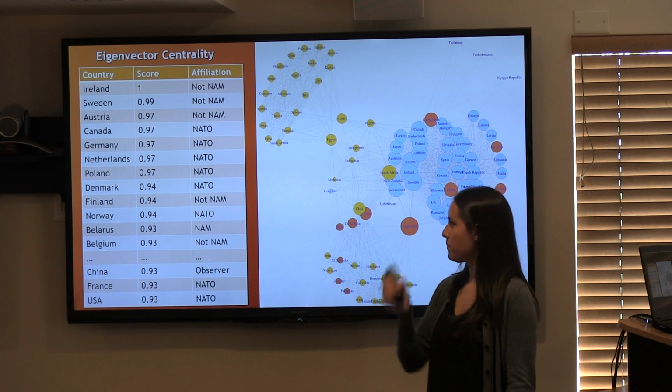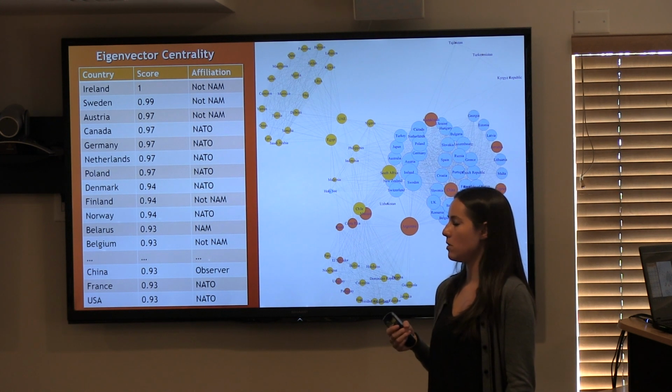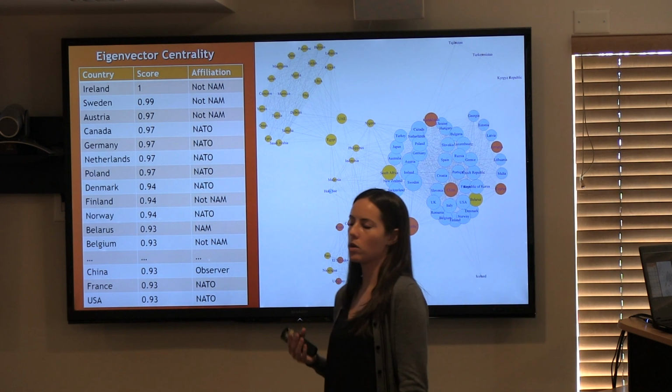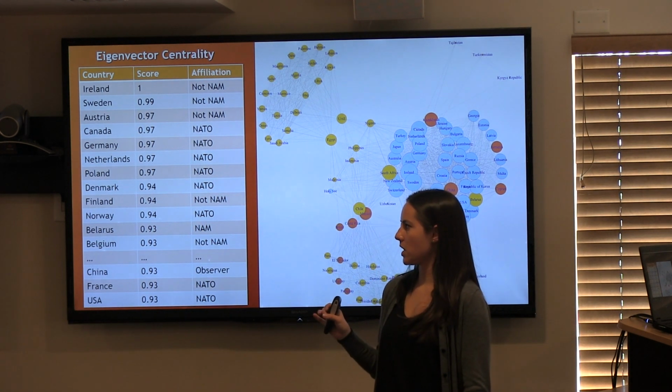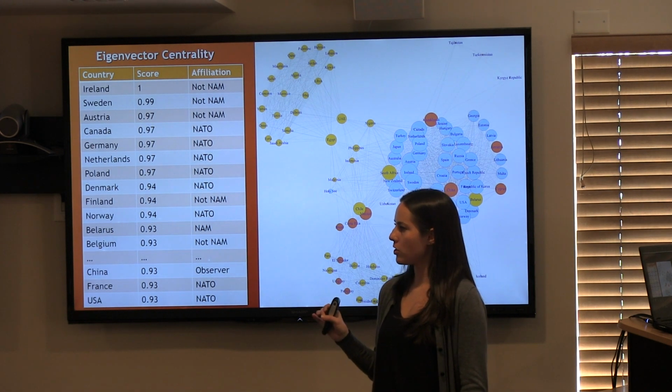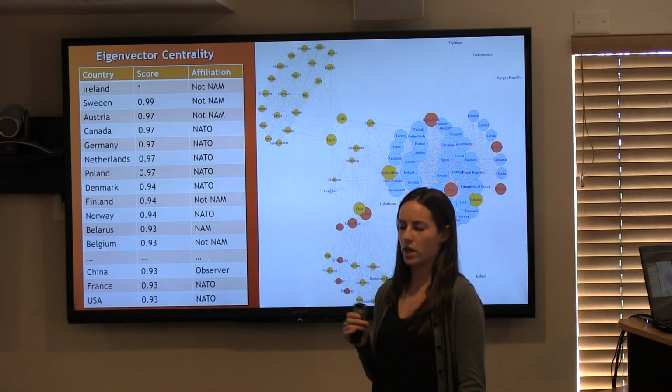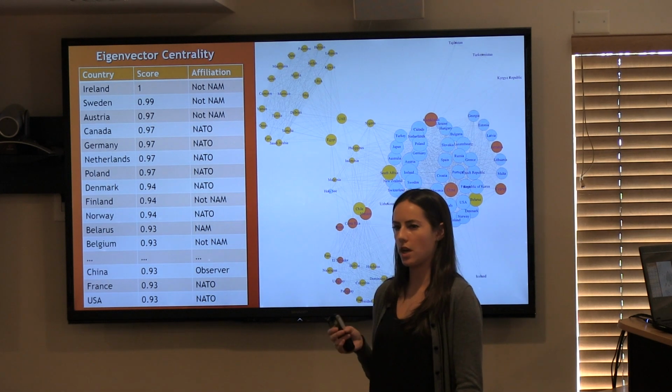Eigenvector centrality, which again is the measure of indirect influence in a network. Nodes are highlighted for size based on their eigenvector score, meaning the ones that are larger have more indirect influence in the network because their connections have more connections.